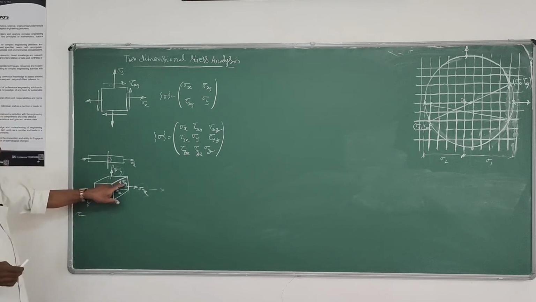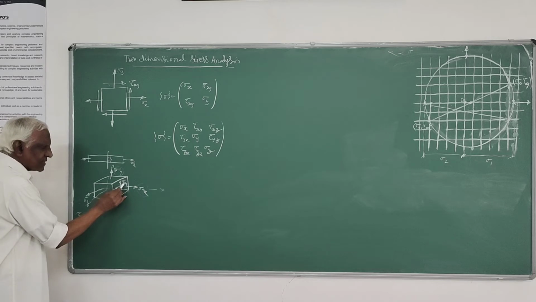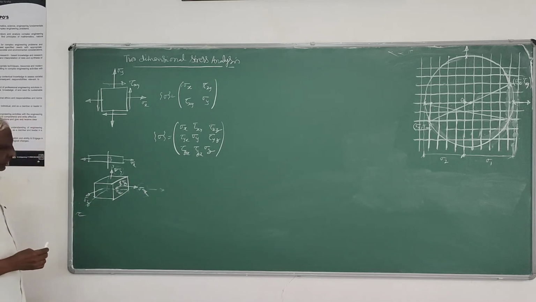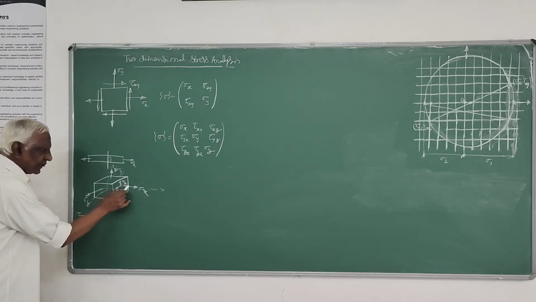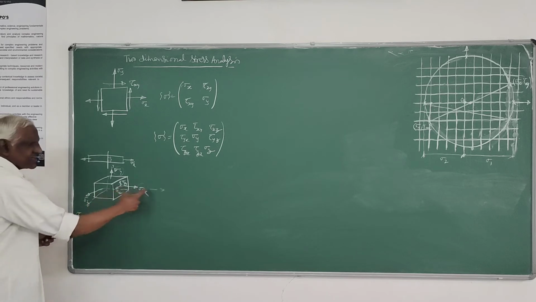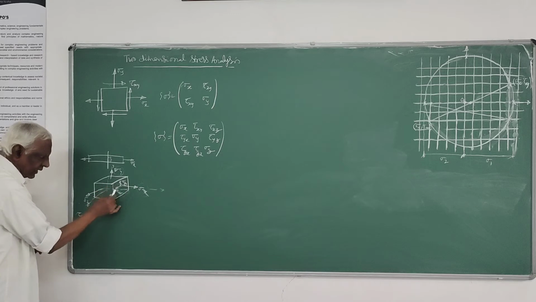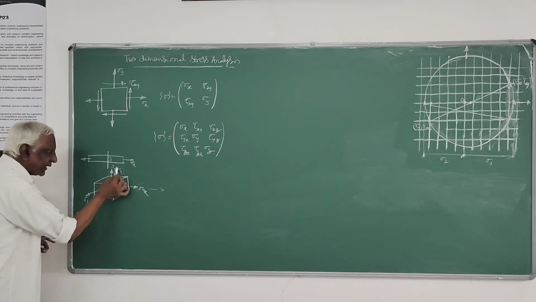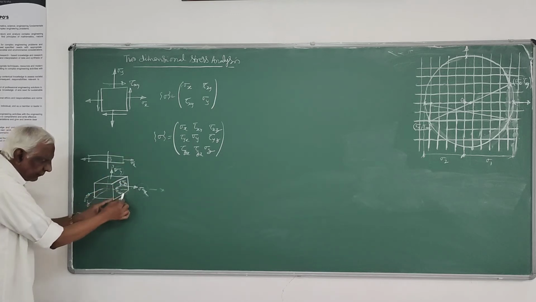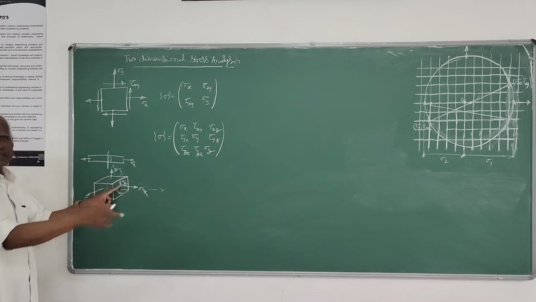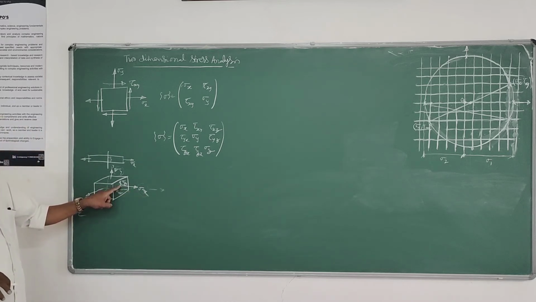So this notation: the first subscript in this tau shear stress always represents the normal to the plane. This is the x direction, that is normal to the plane, and shear will be acting in the direction y on a plane for which normal is x. That's the notation we use.